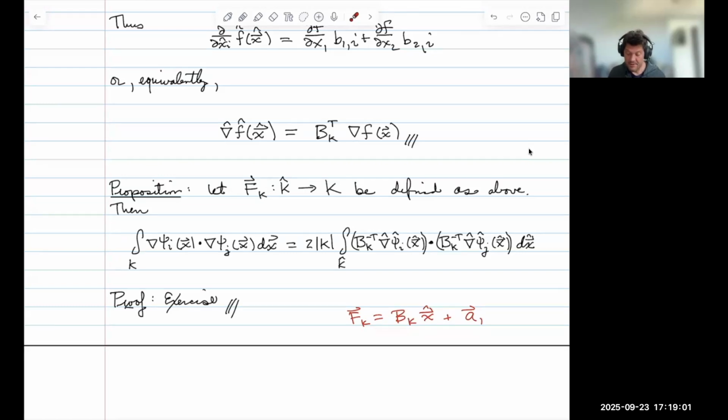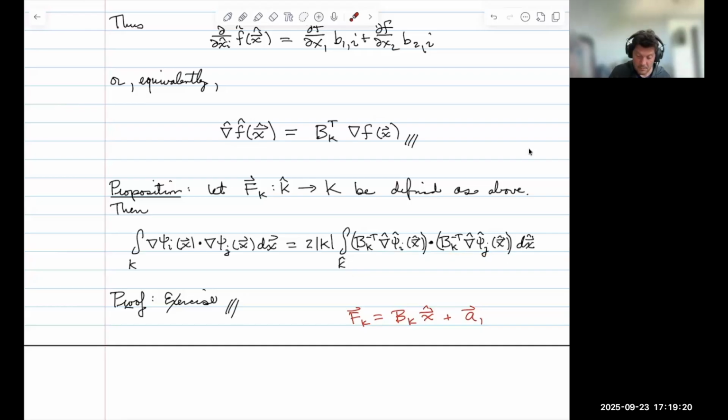When I'm interested in figuring out what this integral is, then I can use my reference triangle to do this calculation quickly and easily. These are stored up and known, so I just do a quick multiplication, and then I do the integration over the reference triangle. Easy peasy.